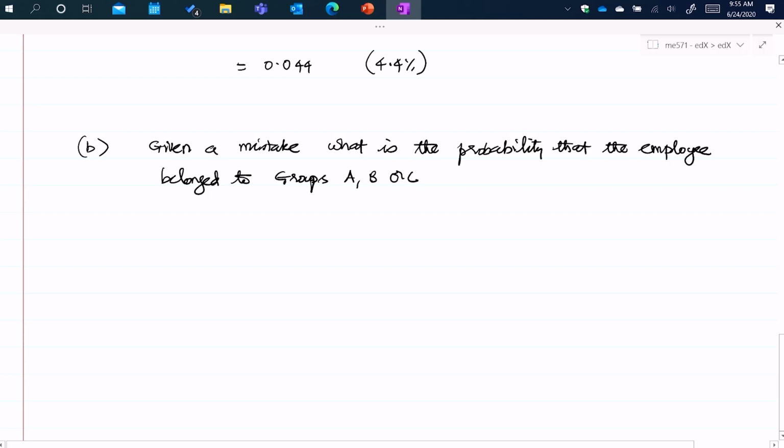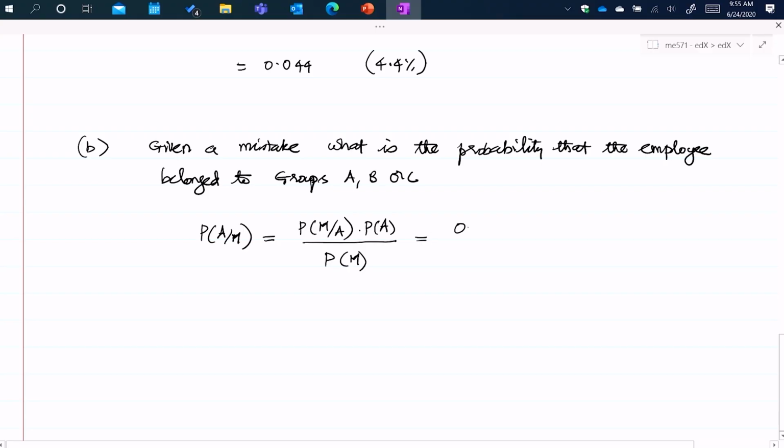So given a mistake, what's the probability that the employee belongs to groups A, B, or C? What we seek here is the probability of A given M, B given M, and C given M. Let's do one at a time. Probability of A given M is probability of M given A, using the statement of Bayes theorem, divided by probability of M, which we've already calculated.